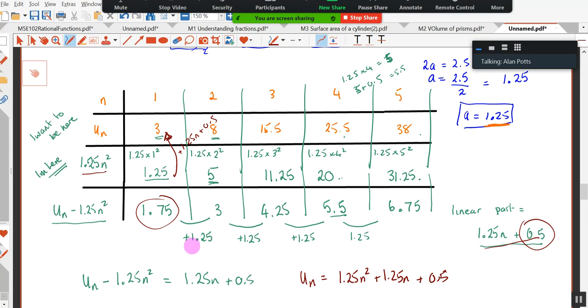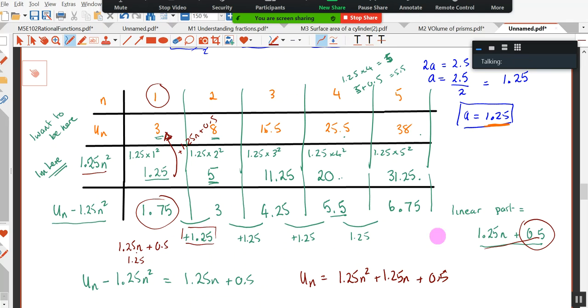Exactly. So again, same sort of process. I know it's add 1.25, so it's 1.25n for a linear, but 1.25 times 1 gives me 1.25. And again, it's the same sort of process. I'm here, but I want to be here. How do I do it? Add 0.5.